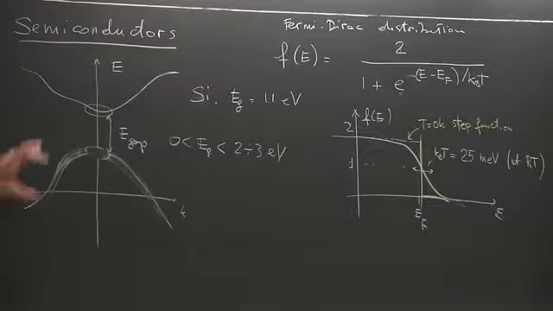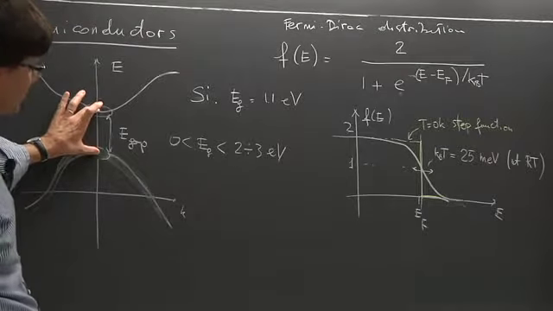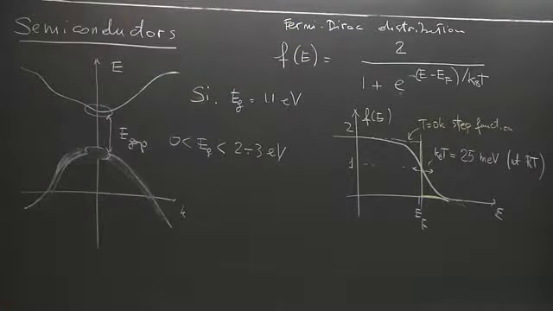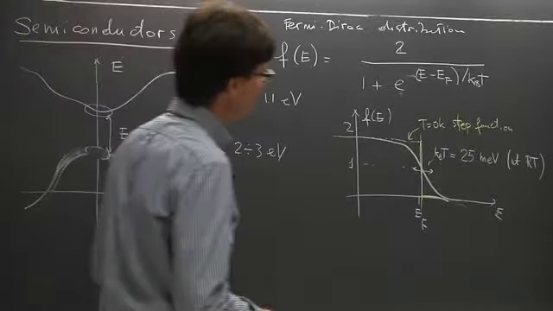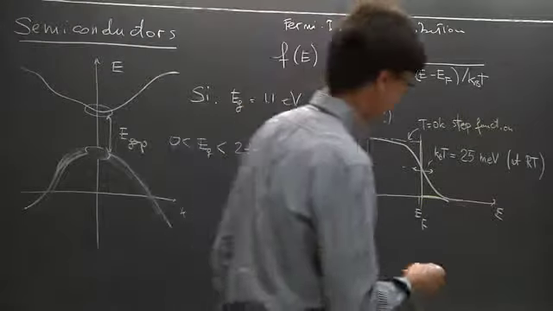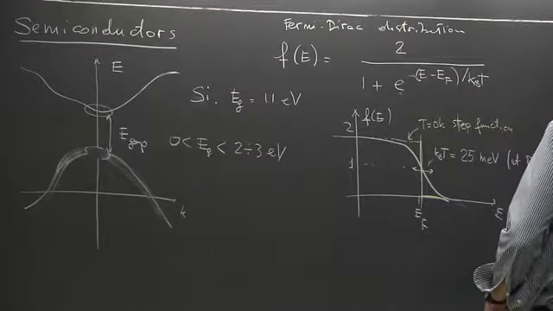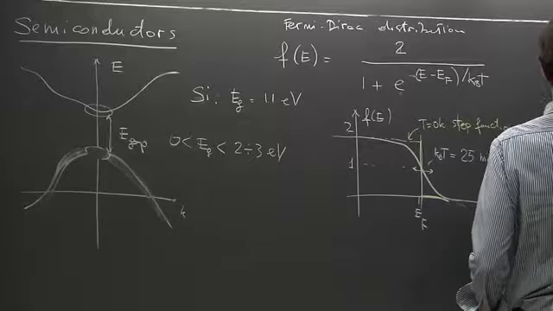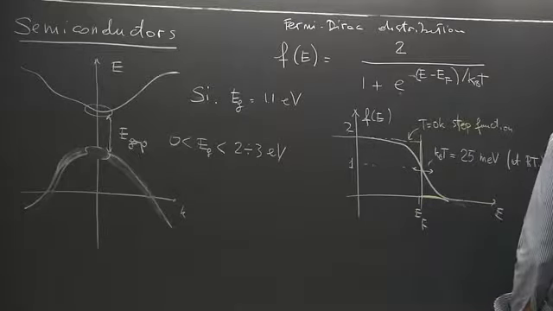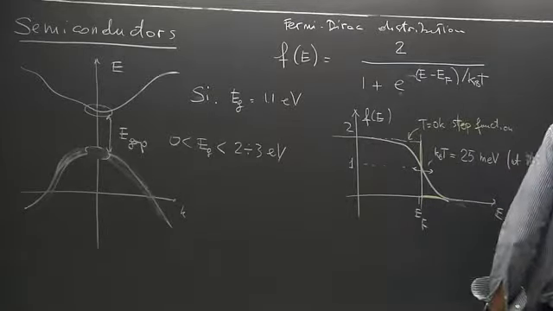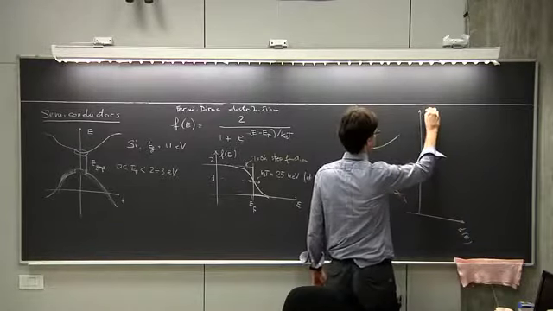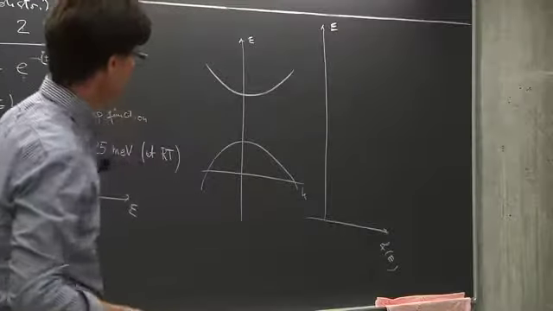What this means is that this energy gap is much larger than the width of the distribution. And therefore, let me now repeat the plot here, and now here I plot f of E as a function of E, right?